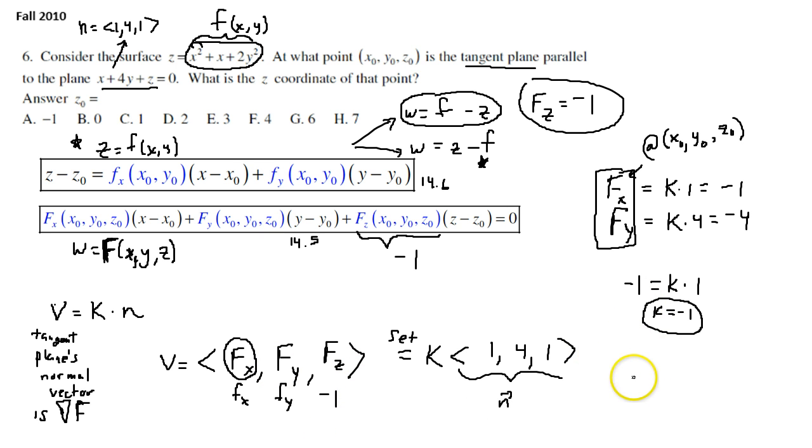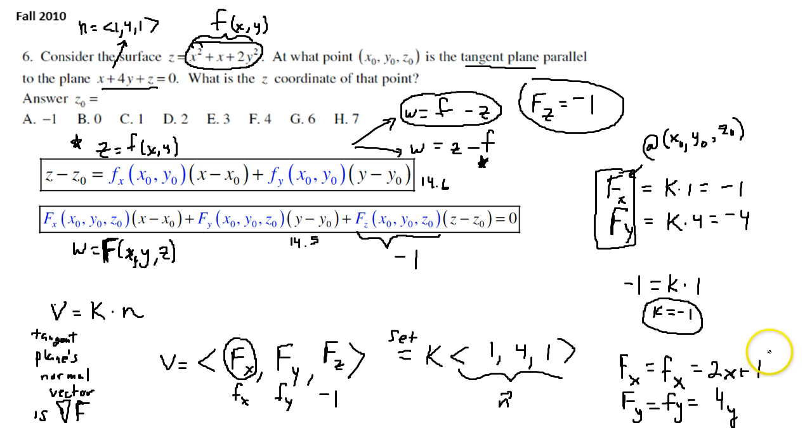So fx is going to be little fx, which is 2x plus 1, and fy is going to be little fy, which is just 4y.